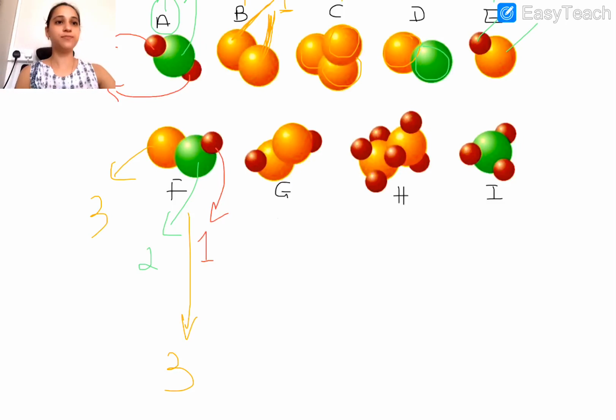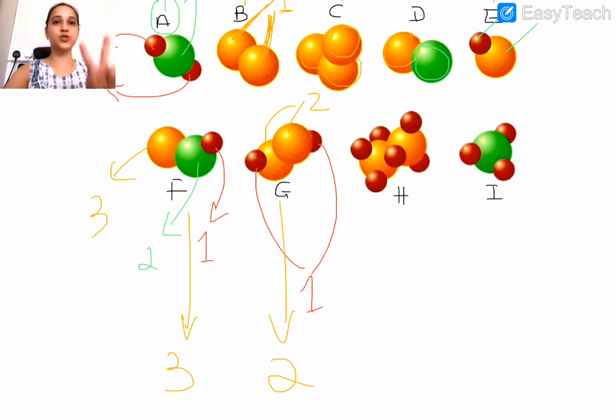Let's look at G. G, there is 1, these 2 are the same, okay? So that's 1. And then let's use different colors. Okay, so that's 1. And then that's the second element. So this one contains 2 different types of atoms.